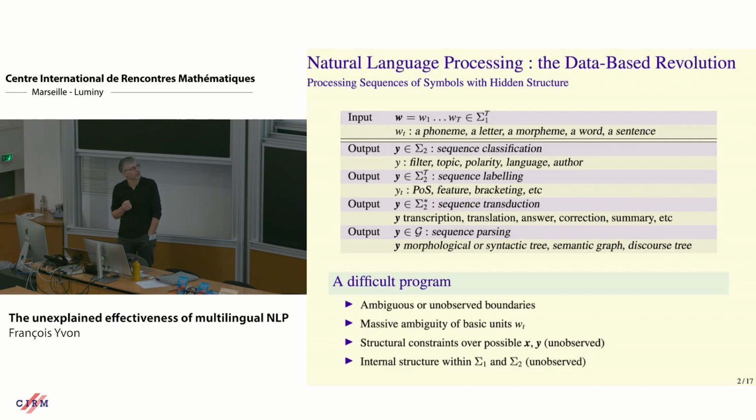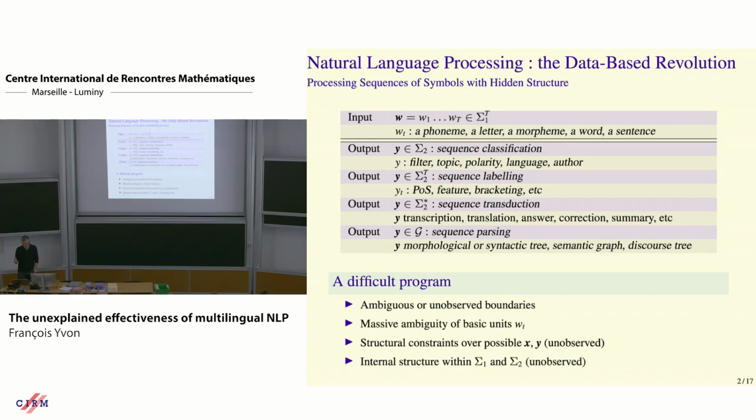And in an abstract perspective, a lot of these tasks can be modeled, in fact, as tasks mapping strings of symbols. So I try to relate this with things that you may have been doing yourself in the past. So we are trying to map strings of symbols that we see ordered over some alphabet. So the alphabet can be, for instance, an alphabet of phonemes, or an alphabet of letters, or an alphabet of words, or even an alphabet of clauses, if we'd like to.